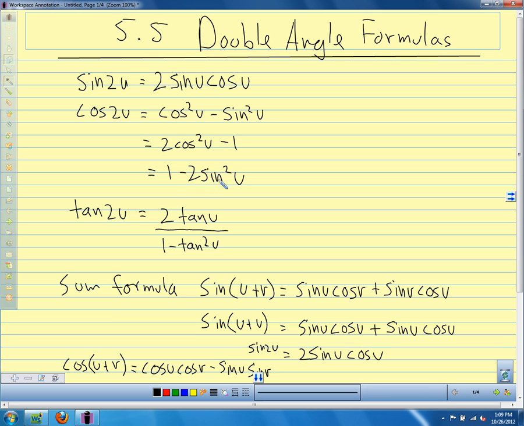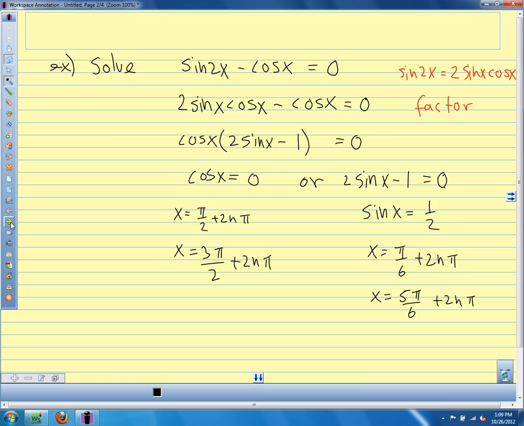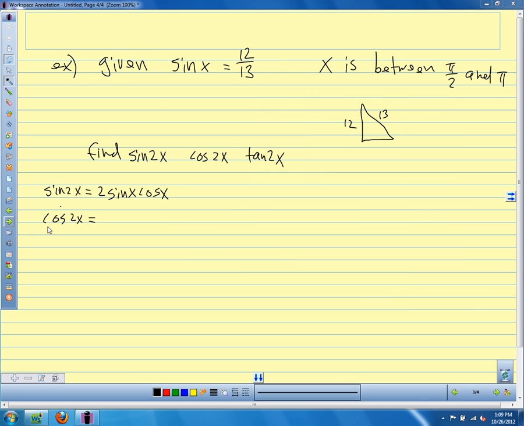I can just use this identity. All I need is a sine of u to figure it out. So this third one is what I'm going to use for the cosine. Cosine of 2x is 1 minus 2 sine squared x. So I can just plug numbers in there.